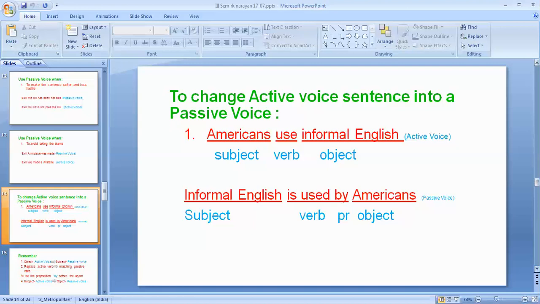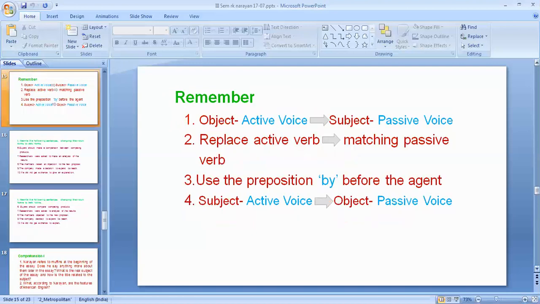So while making these changes, we have to remember four rules. We will see these four rules in our presentation. The first rule is that the object in active voice, the receiver of the action in active voice, becomes the subject of the passive voice.